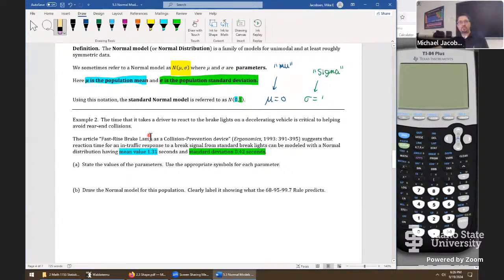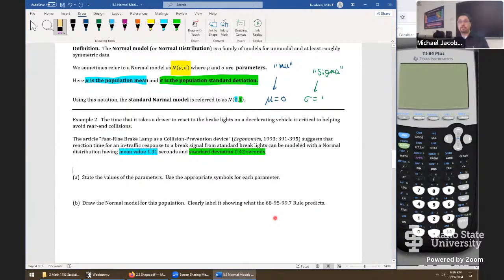Still don't know what that is about, so we're only looking at one aspect of the article, the statistics mainly. Excuse me, I misspoke. Those are not statistics any longer. What we're doing with these things is we're trying to model the entire population of drivers responding to brake lights with that value. Mu equals 1.31 seconds. Now, is that accurate?